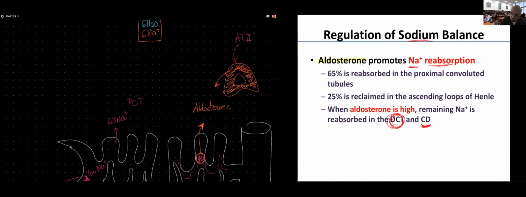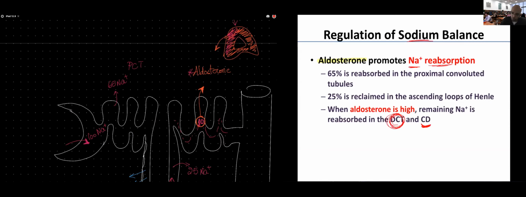So angiotensin II, which got formed due to a drop in the blood pressure, will activate the adrenal cortex to release aldosterone, and the aldosterone is going to be pulling the remaining 10% of the sodium back to my blood. This is only in case of low blood pressure.